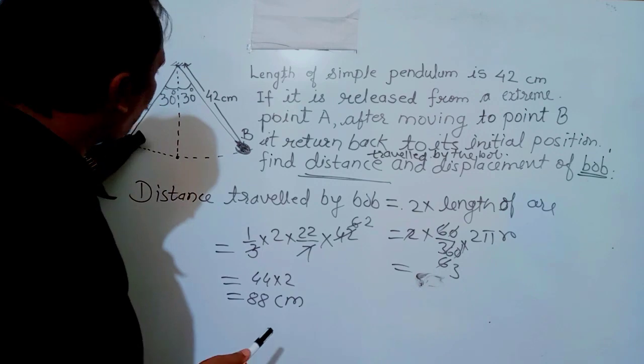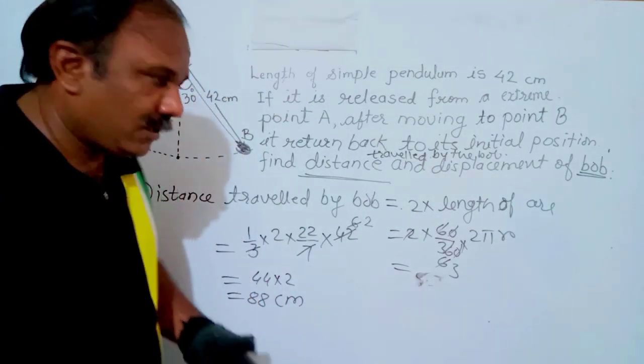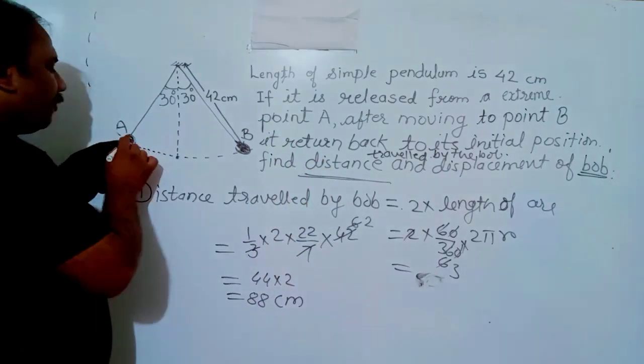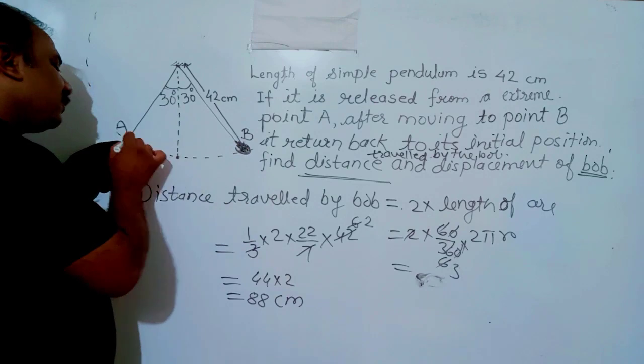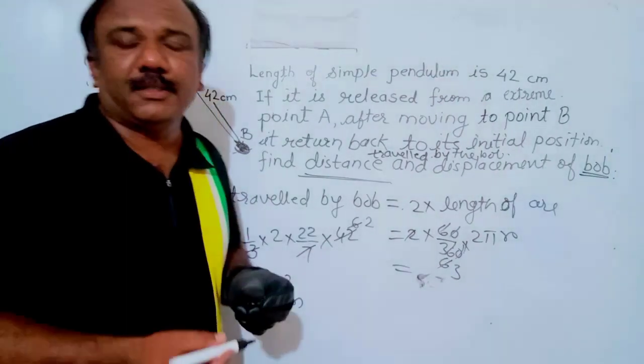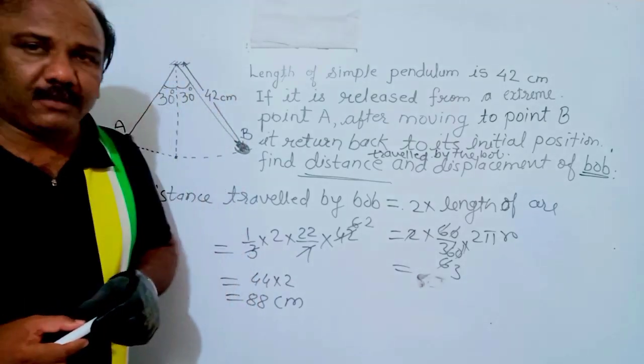Now, what is the displacement? What is the displacement of the bob? Now, as given in the problem, the bob returned back to its original position, and we know that displacement is the shortest distance between initial and final position.